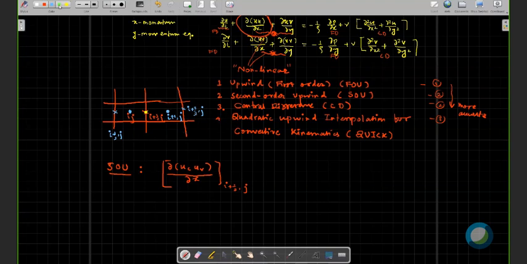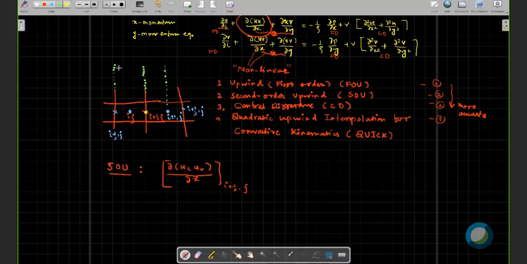So in this case, for calculating the value at this, the I plus 1 value is taken, I plus half value is taken, and then I minus half value is also taken into consideration.